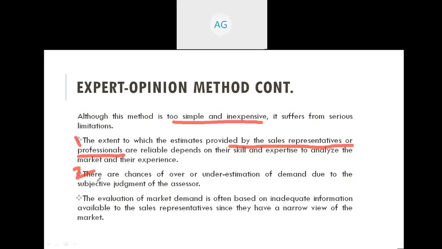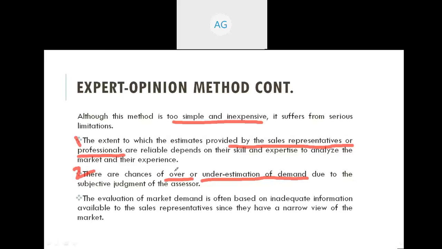Now, the second is there are chances of over or underestimation of demand due to the subjective judgment of the assessor. So, many a times you also know that if a sales executive comes to your house, inquiring about a particular item, then many a times the people give him wrong information.